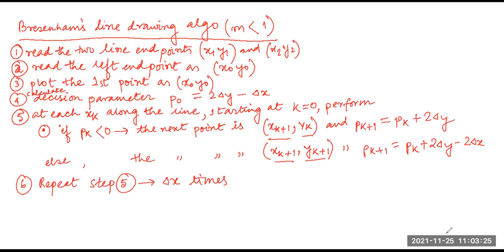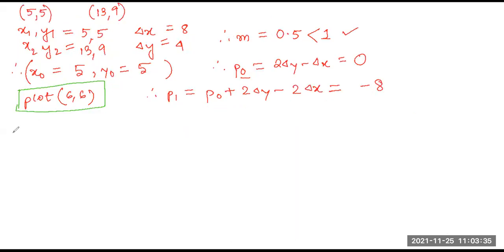Is -8 lesser than 0 or greater than 0? Lesser than 0. So P1 is lesser than 0, and for the next plot x will be incremented and y will remain as it is. So from 6, 6 it will be 7, 6.